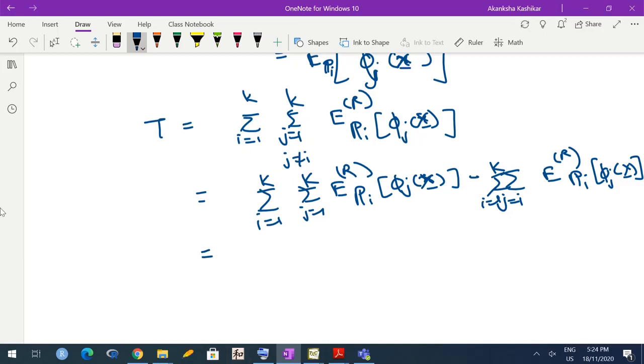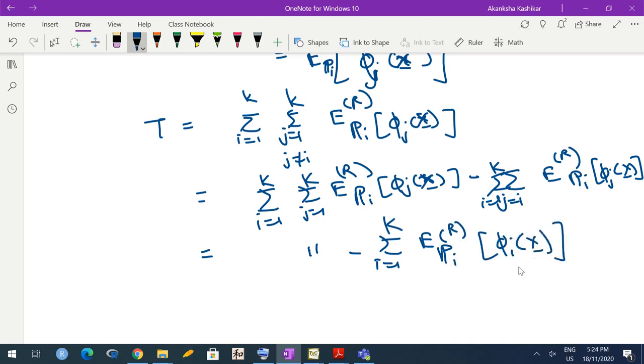Now this term will remain as it is. Here j equal to i means I have the sum over i going from 1 to k of E_Pi,R, the expectation of phi i(X), because j is equal to i. Okay so far? And now let me focus on this first term.